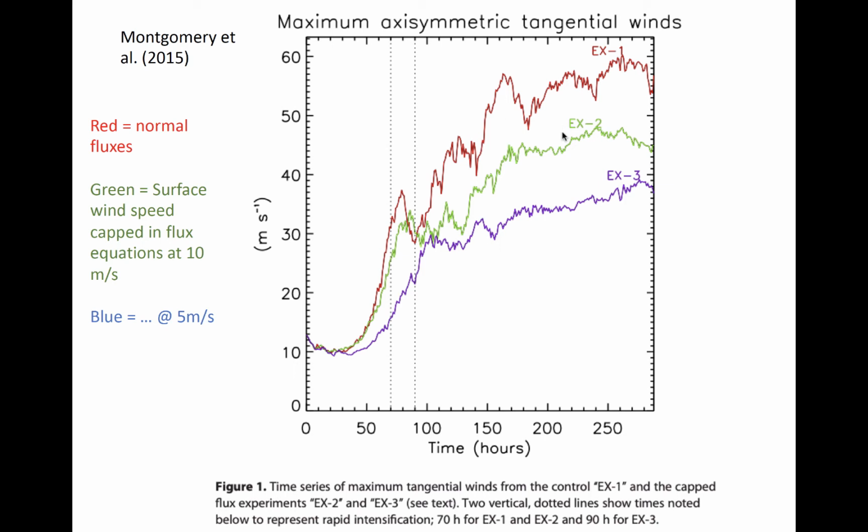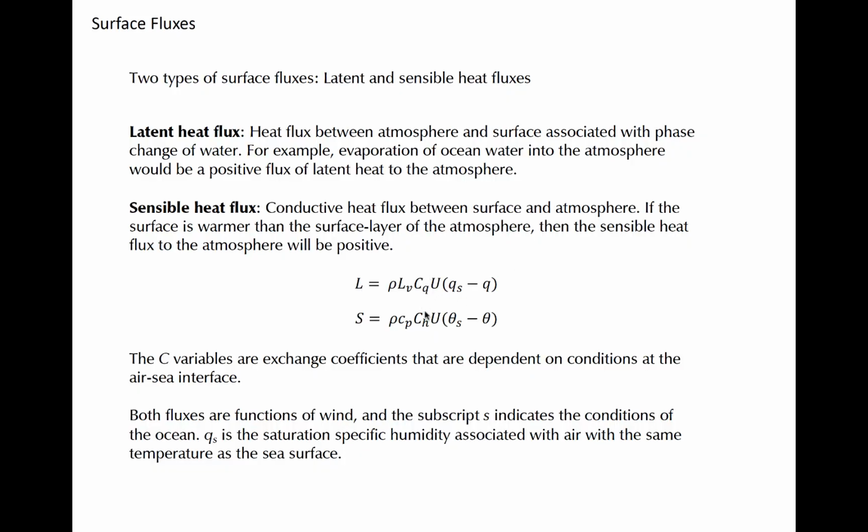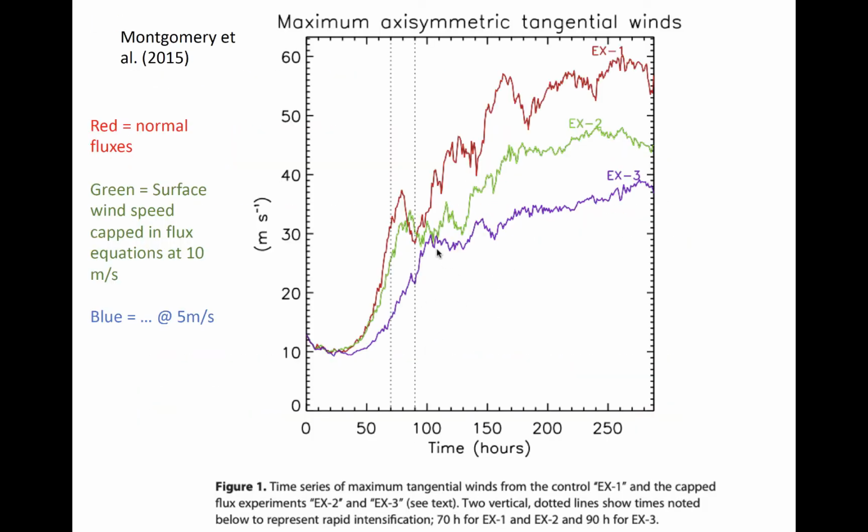In the other 2 experiments, the green and the blue line, wind speeds in the bulk flux equations were reduced to caps of 10 meters per second and 5 meters per second for the green and blue lines respectively. So 10 meters per second, 5 meters per second is the maximum winds allowed in this equation, even if the maximum winds of the tropical cyclone were higher.